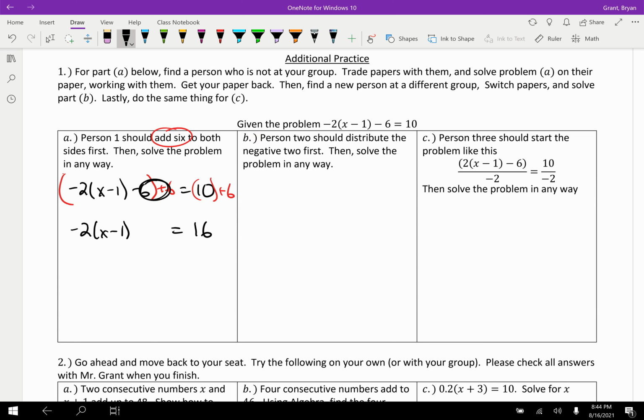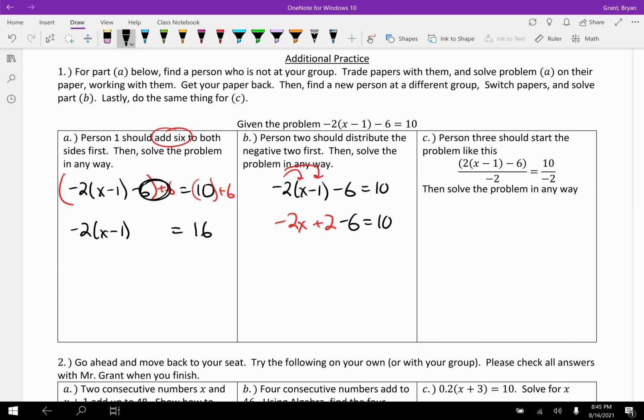I'd probably distribute. Person 2 should distribute the -2 first. Okay, well we can do that. -2 times x minus 1 minus 6 equals 10. Distributing the -2 is -2x, negative times negative, positive 2, minus 6 equals 10. And go from there. I'd probably combine like terms.